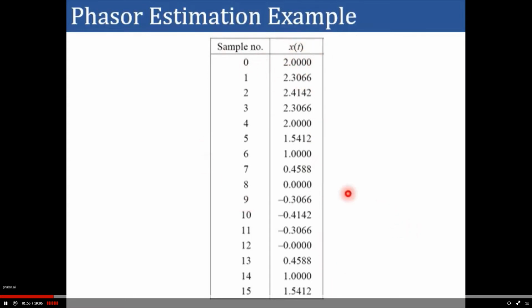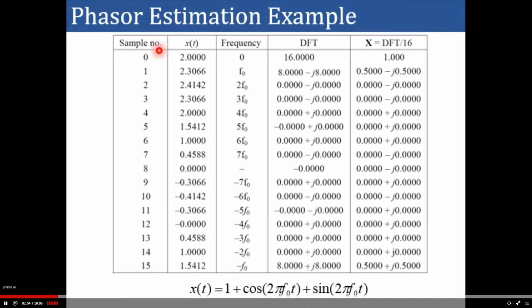Using these samples, we need to reconstruct the signal and find its phasor value. So this is the sample number and the corresponding sample values we have. Now if you start calculating the discrete Fourier transform, you will get these values corresponding to the samples which we have received.